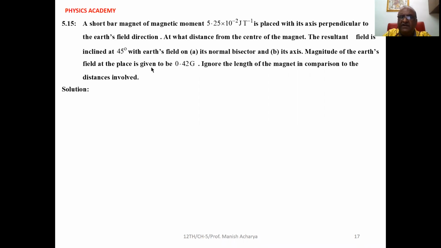Magnitude of Earth's field at the place is given to be 0.42 Gauss. Ignore the length of the magnet in comparison to the distances involved.